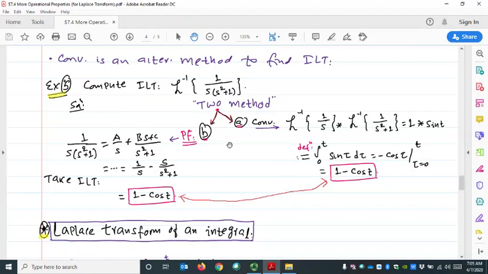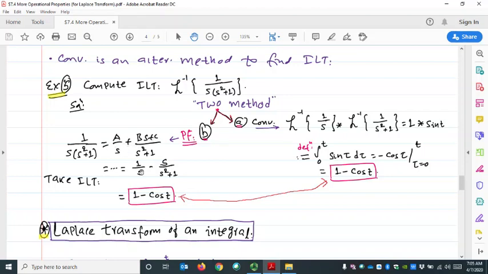The alternative method is the partial fraction method. We did this one in our previous sections. Let's use the partial fraction method. So 1 over s times s squared plus 1 equals a over the linear factor plus a linear factor over the quadratic factor, and solve for a, b, c.